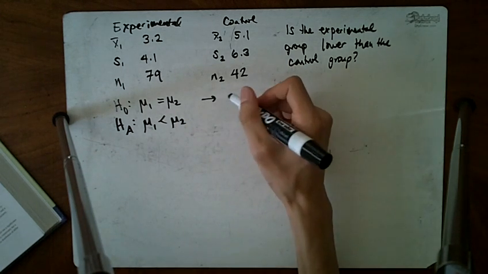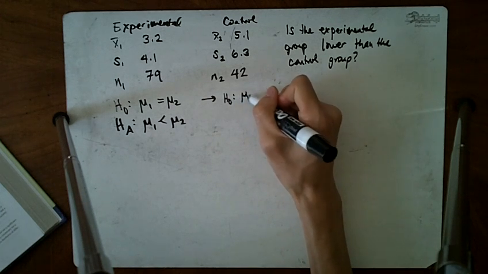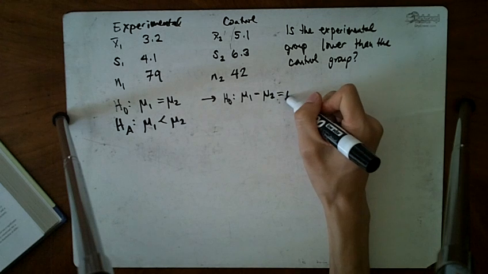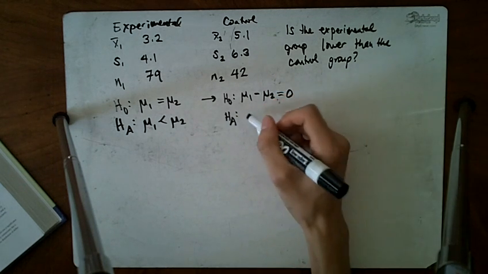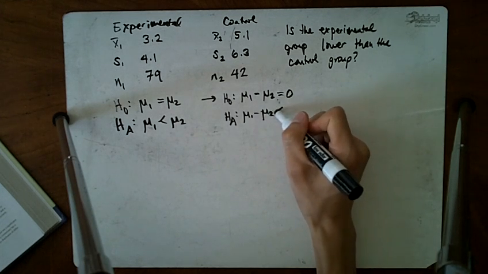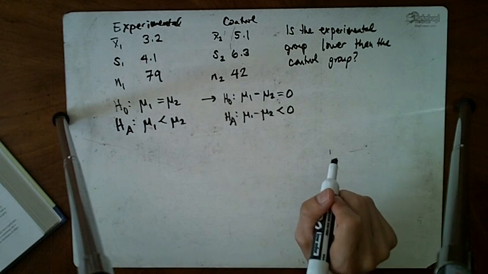And sometimes, for the purpose of our analysis, we're going to set mu 1 minus mu 2. If they're equal, then the difference between them is 0. Or, if mu 1 is smaller than mu 2, then the difference between them should be negative. It should be less than 0. That's what we're going to be asking.